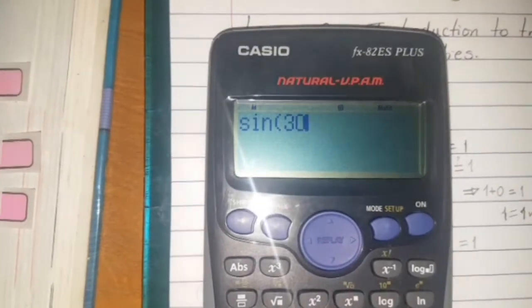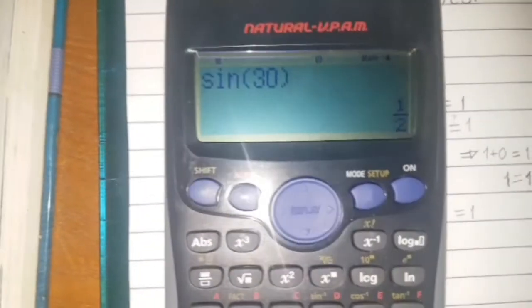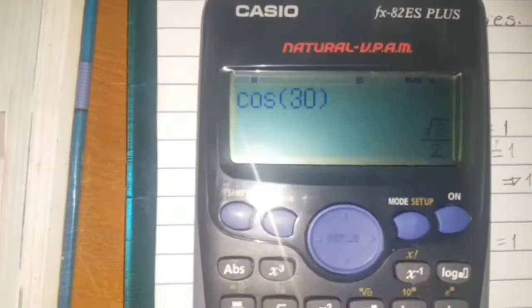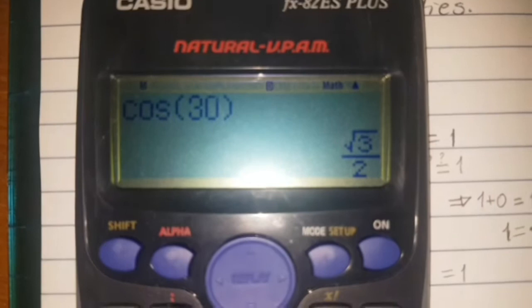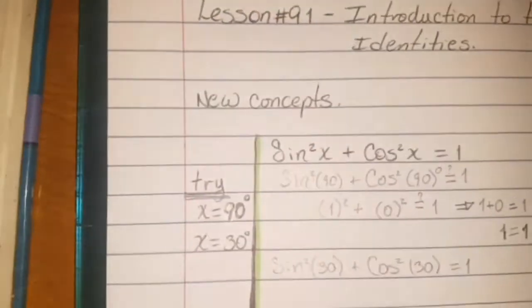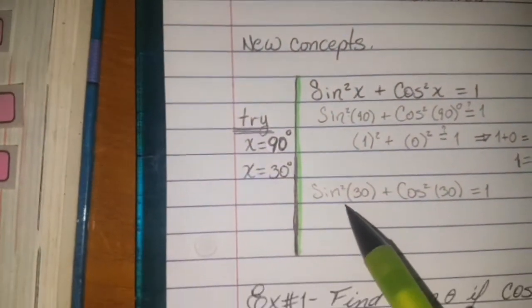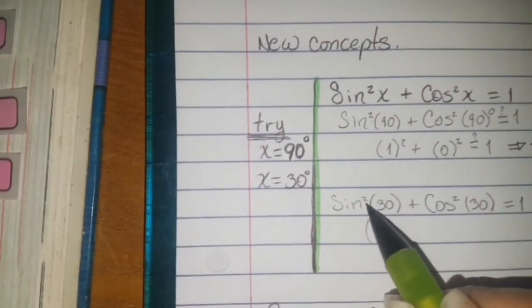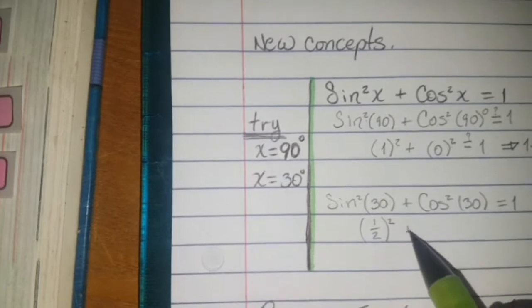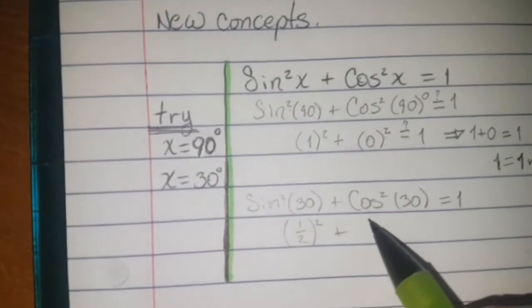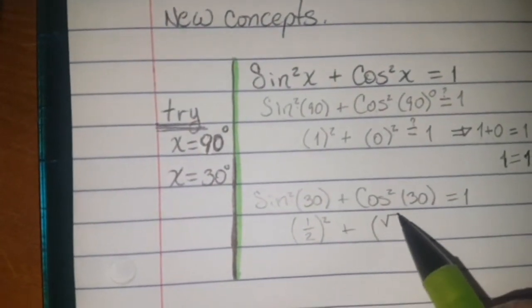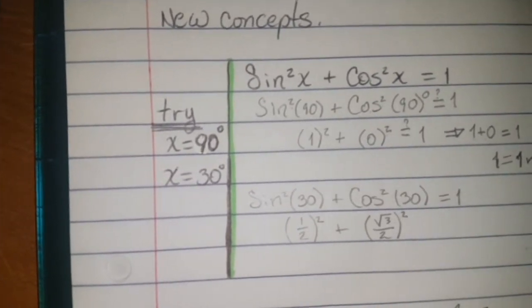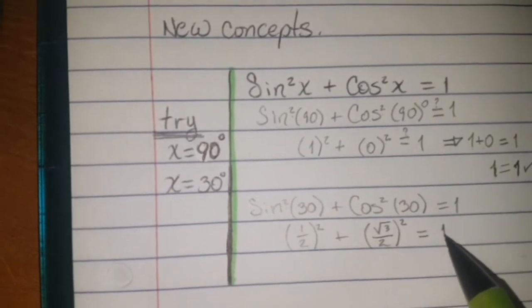Sine of 30 is 1 over 2, cosine of 30 is square root of 3 over 2. So the first one says 1 over 2 raised to a second power plus square root of 3 over 2, all of that raised to a second power. That must equal 1.